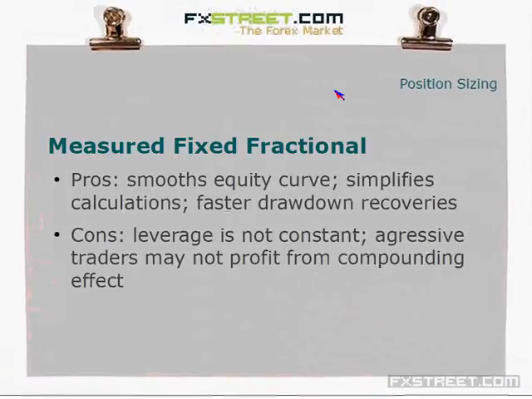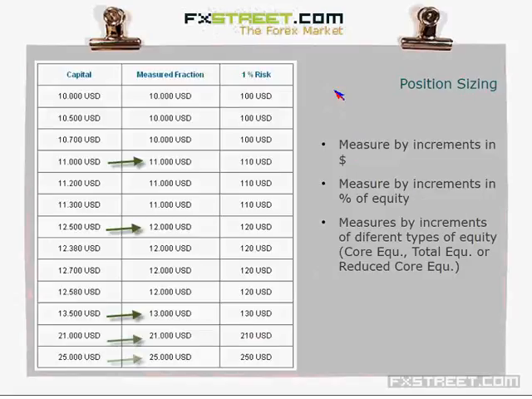Okay. Here we have the measured fixed fractional, the pros and the cons. Basically, what the measured fixed fractional does is we are still working with a fixed fractional, so the calculation is basically the same, okay, as in the classical model. Here the difference is you recalculate the size only after an increase or decrease of the account by a certain amount.